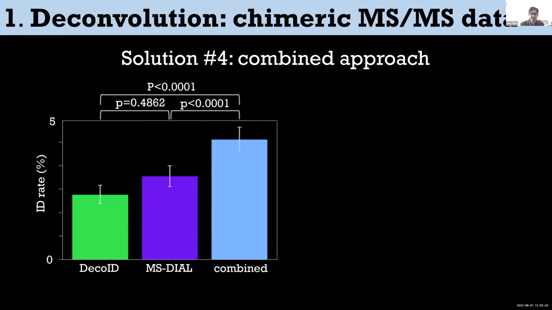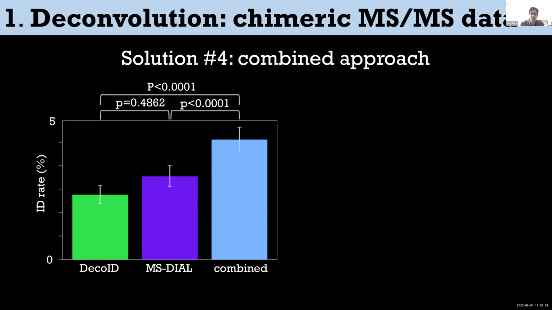And what I show you here is that, in fact, when we apply both of them, this is a DIA experiment, so this is a data-independent acquisition experiment, again on human plasma, but here we're using 20 m/z isolation windows. And what you can see here is that our identification rate when we combine MS-Dial and DecoID together is higher than when we used either DecoID or MS-Dial independently.